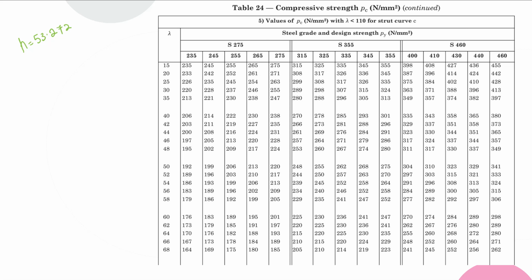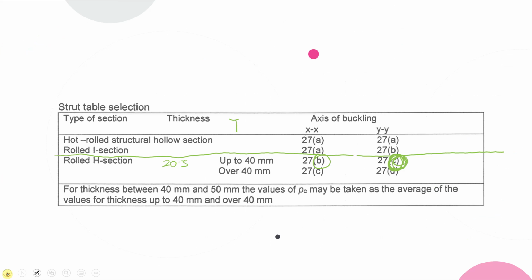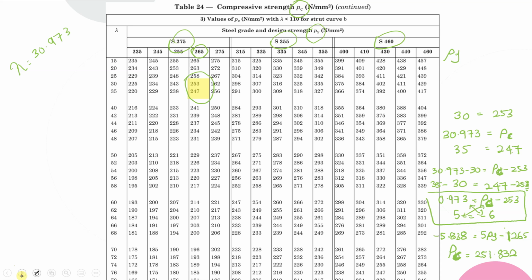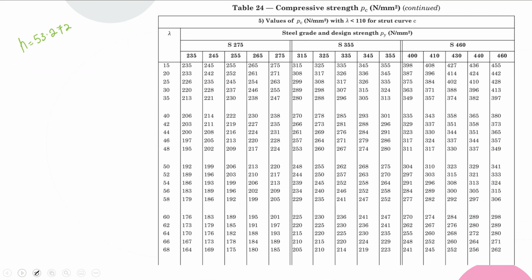So it is 53.272. Let me check again. I takut salah lagi. Yeah, betul. Alright. 53.272. And we know that our PY is 275. So kalau kita tengok sini, PY 275.